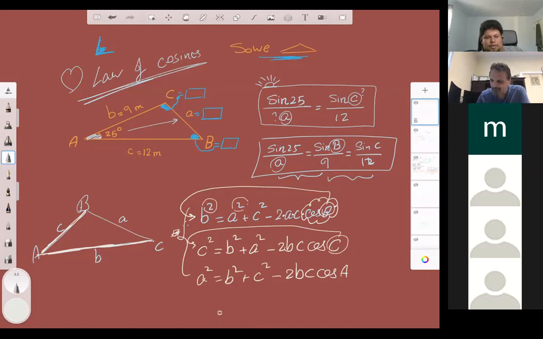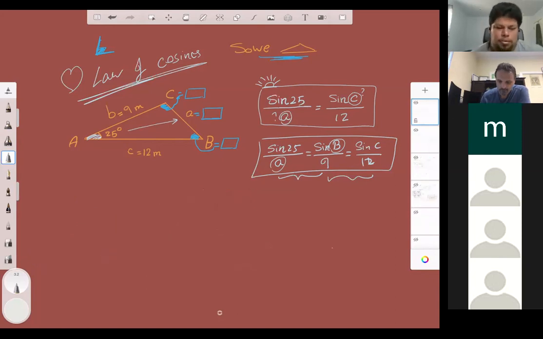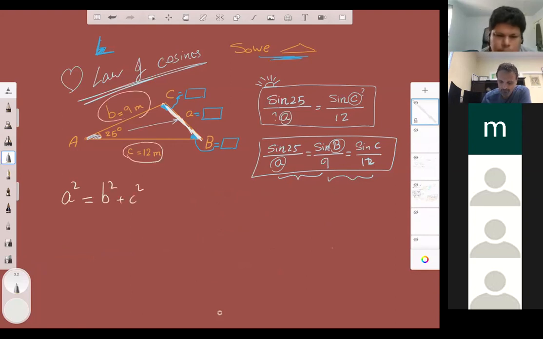All right, so let's see if we can use law of cosine in this question. Law of cosine said if I pick this side, correct? A squared will be equal to b squared plus c squared, that we have, minus 2 times b times c times cosine of 25.